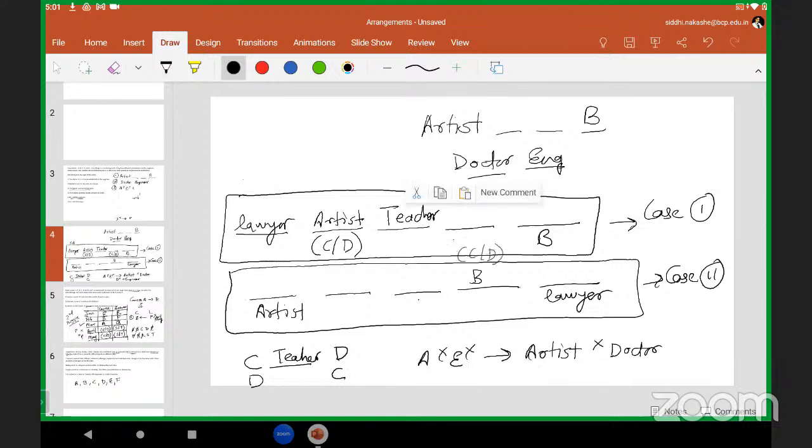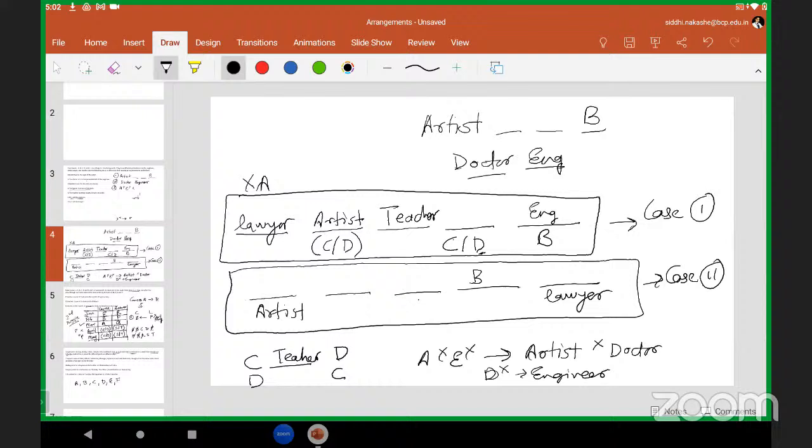Then C and D again. So if you are selecting D over here and D is not an engineer, then engineer has to be over here. If we are considering it, D has to be here.